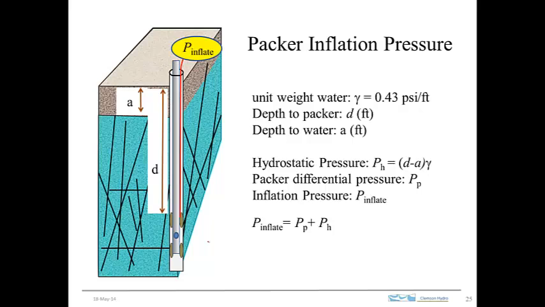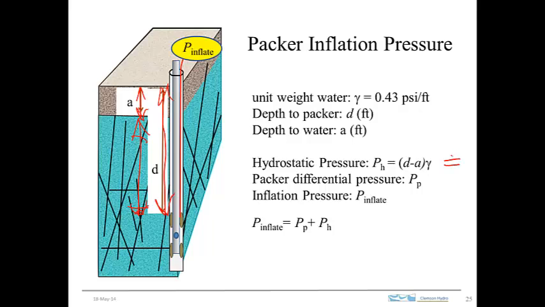So the hydrostatic pressure is obtained by measuring the depth to the packer here and the depth to the water table here, and you take the difference between those two, and that gives you the depth from the water table down to the packer. So you take the product of that and the unit weight of water, and that gives you the hydrostatic pressure.